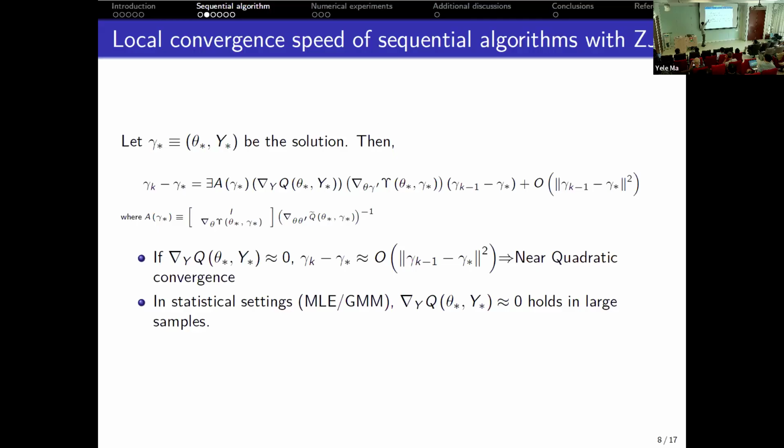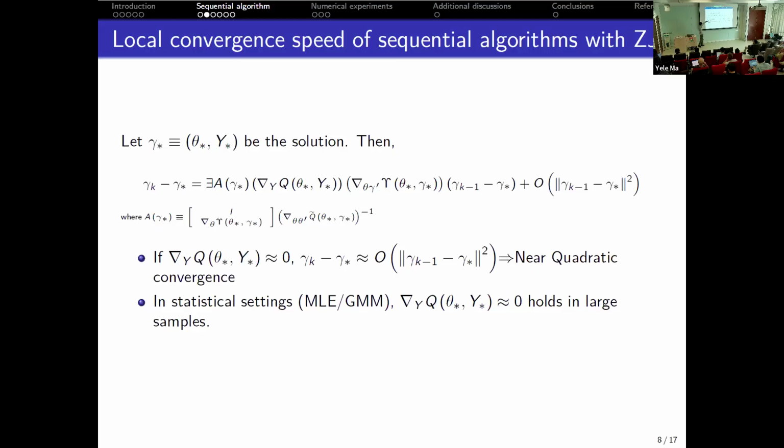And concerning the right-hand side, if the gradient of Q with respect to y is close to 0, then we can ignore the first term, and the second term remains. So in this case, we can show this, and it implies that the iteration attains a near quadratic convergence.